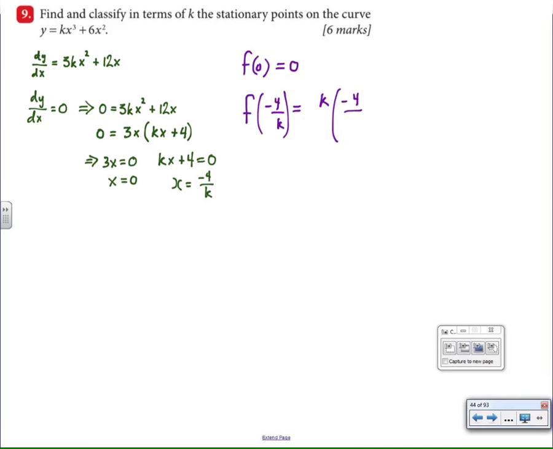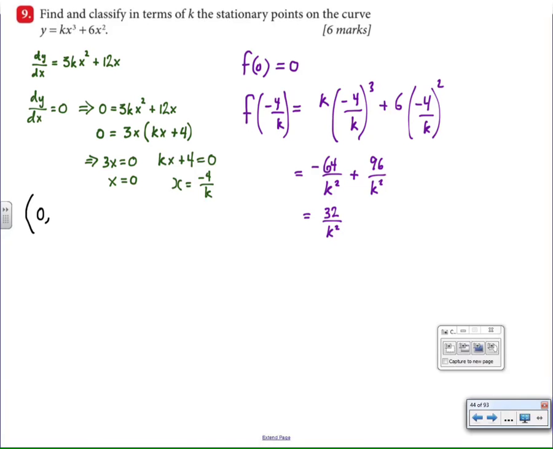The first thing I do is find the coordinates of the extrema, maxima and minima, or the maximum and minimum in this case. And so by substituting in 0, I get 0, that's no problem. By substituting negative 4 over k, I get the value 32 over k squared.